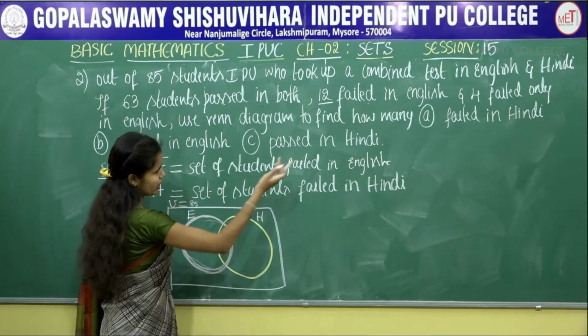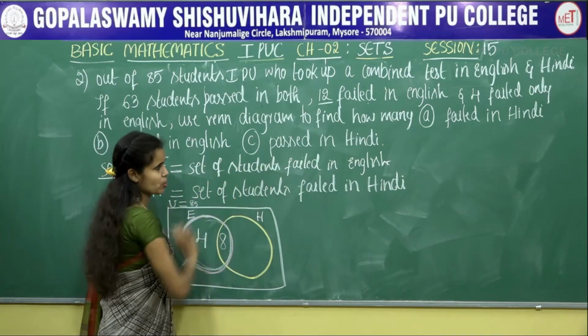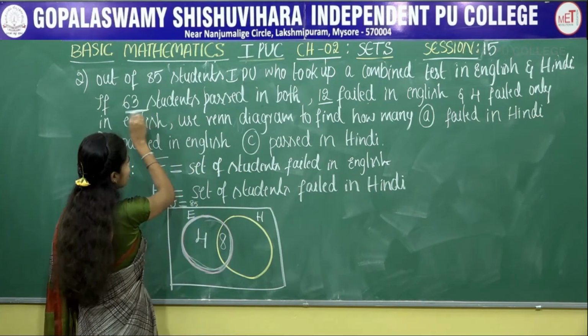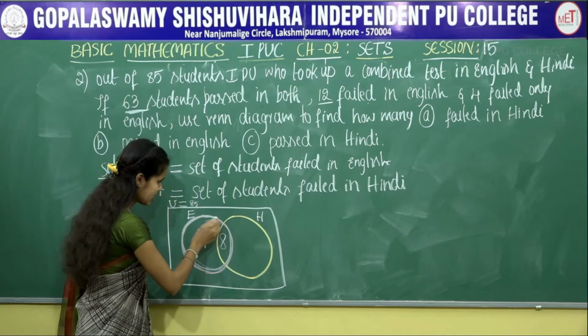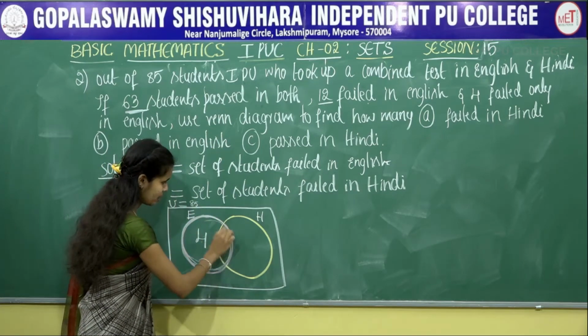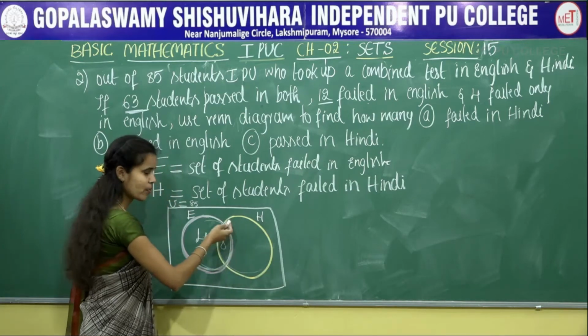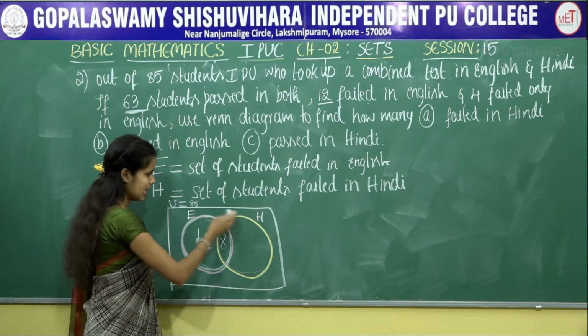Okay, here we want to find out failed students in Hindi, passed students in English, passed students in Hindi. Here observe given 63 students passed in both. Here in this circle, the numbers represent number of students failed in any one of the subjects, either English or Hindi.